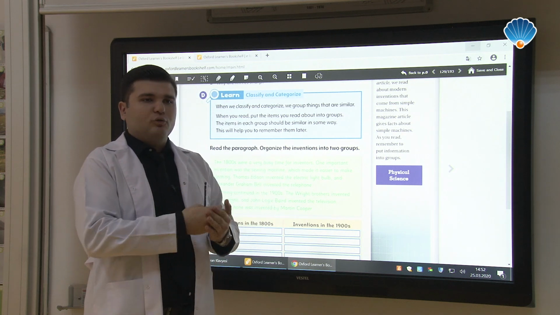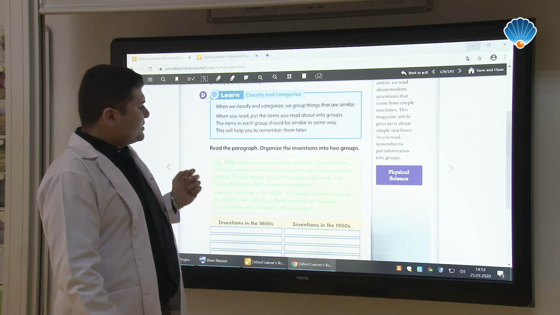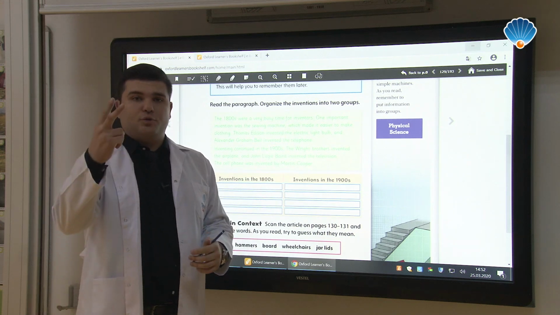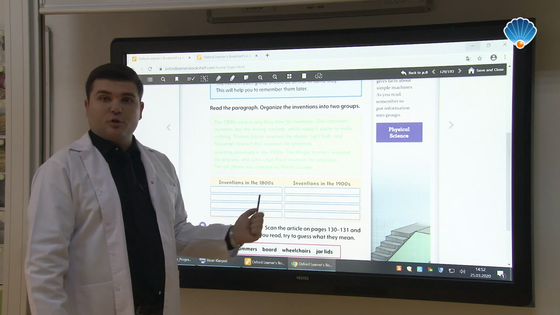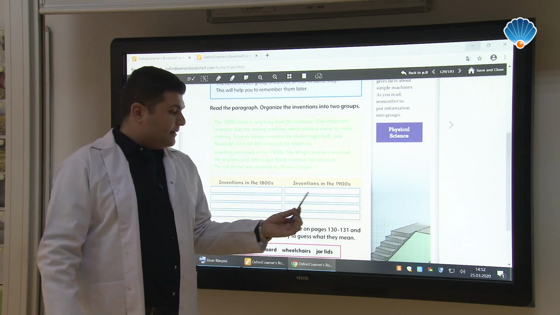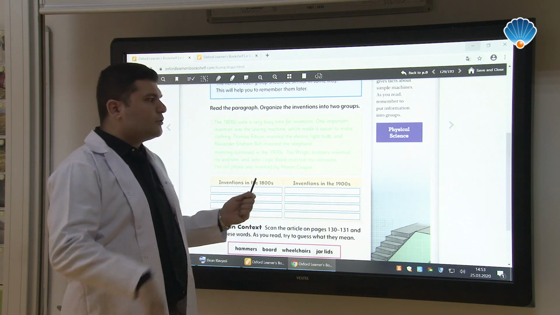We can put these things into the different groups. Okay, so let's read the paragraph and organize the inventions into 2 groups. Okay, after we read this part, we have 2 groups. The first one is inventions in the 1800s and inventions in the 1900s. Okay, so let's read together.